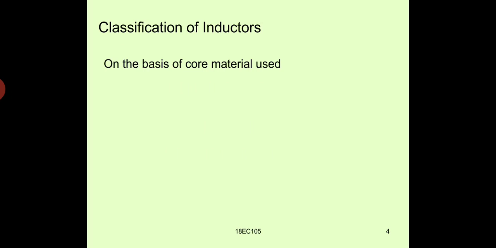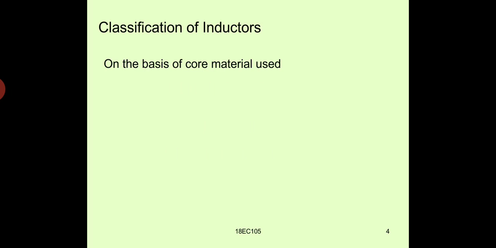Now let us come into our topic, that is classification of inductors. They are actually classified on different factors, and one of the factors for the classification is the core material used.